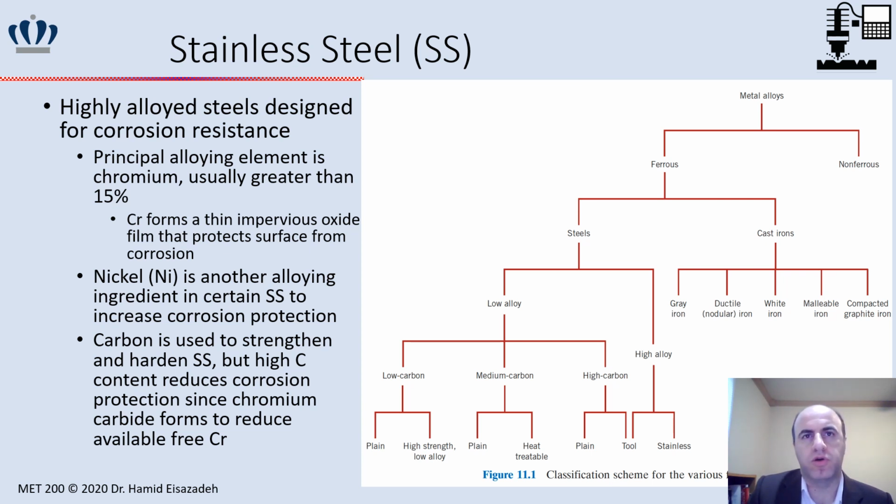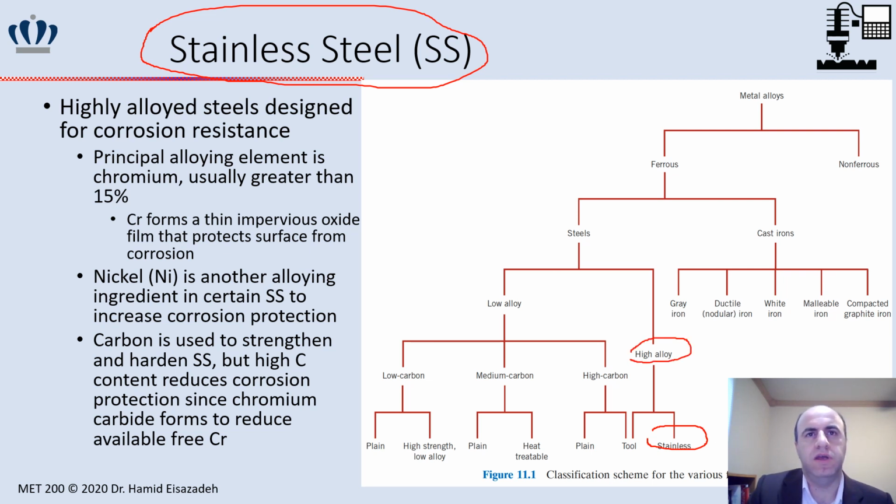As we mentioned before, carbon can be used to increase the strength of steel, but there is some limitation. We can add carbon to some extent, because increasing the amount of carbon can reduce the resistance of the steel against corrosion. Because of this concept, they came up with a new material. It's called stainless steel here, and it's under high alloy.